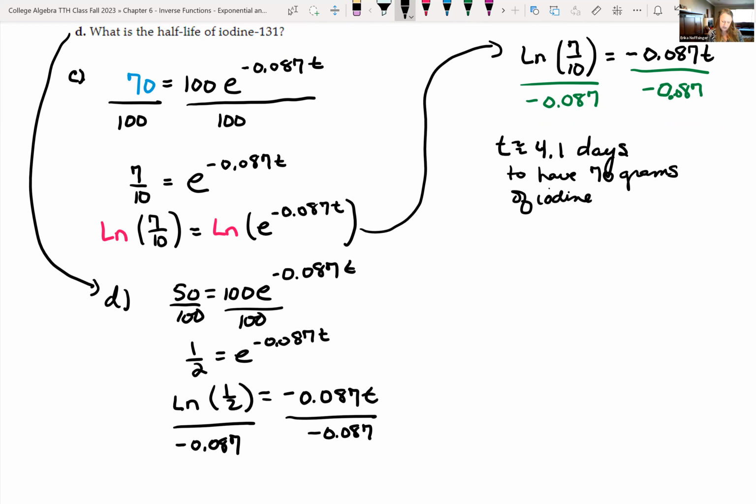So natural log of 1/2, in parentheses, divided by negative 0.087. We get that as approximately 8 days. So the half-life of that iodine 131 is 8 days.